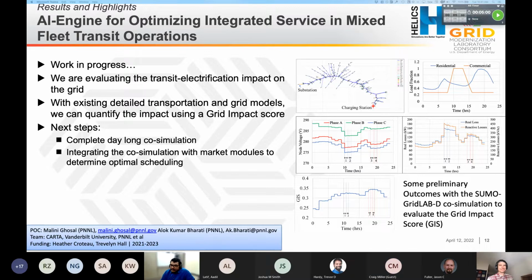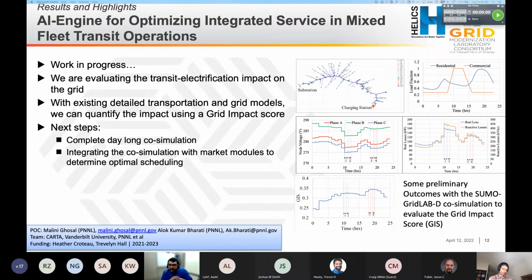Right. Yes, I think we are looking into those analyses, and the starting point with this project, which was funded by the Vehicle Technologies Office's Energy Efficiency and Mobility Systems program, was to look at the integration of EVs to the grid from a more transportation flavor.